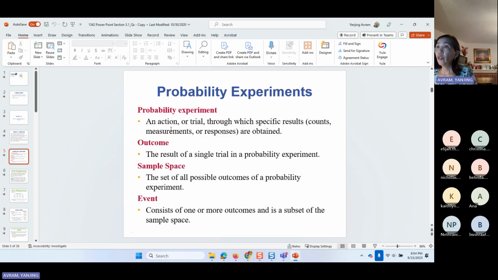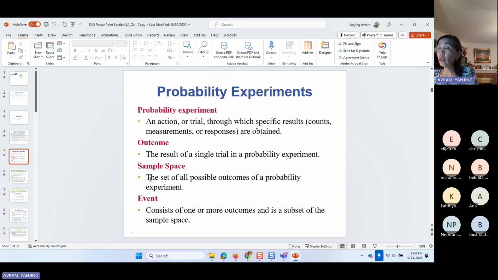A probability experiment is an action or trial through which specific results are attained. The result can be through measurement, response, or counting. The result of a single trial in a probability experiment is called the outcome.